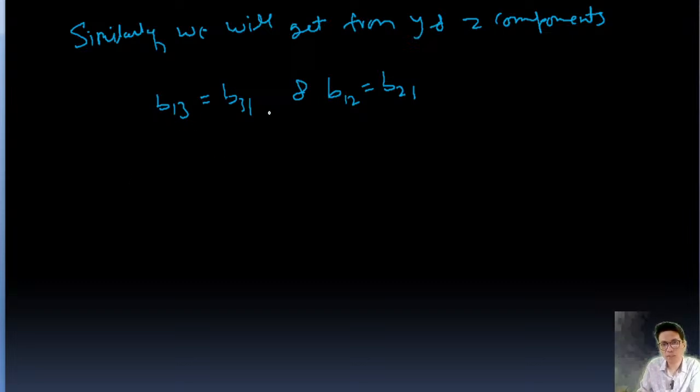So now B13 equal to B31, B12 equal to B21, and B32 equal to B23. Okay, this is the relation we have got.